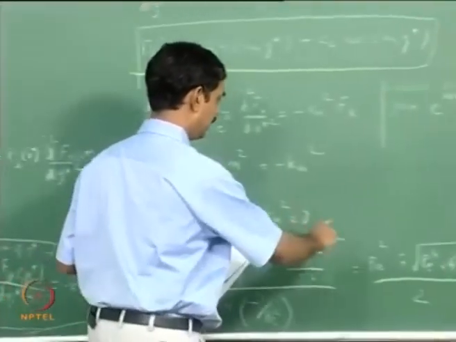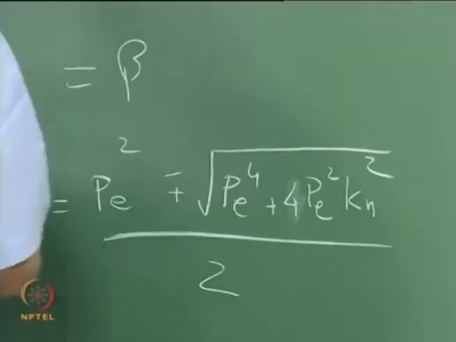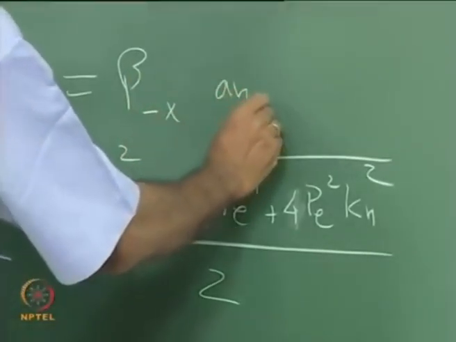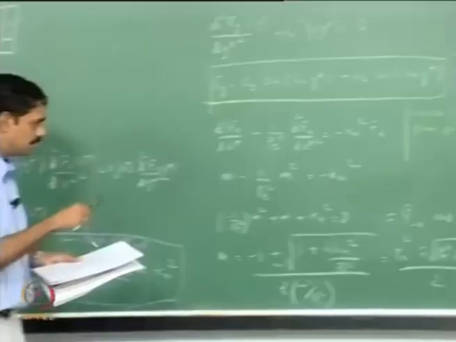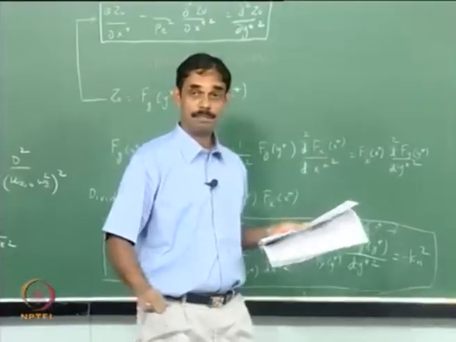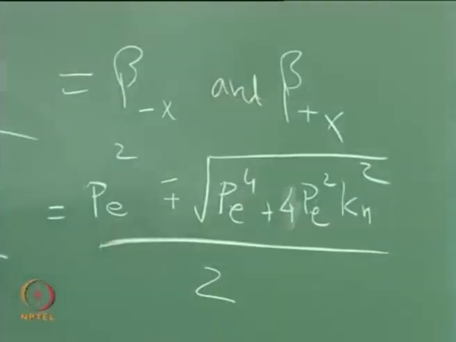So, let us call this beta, beta minus and beta plus. So, p plus square root of p power 4 plus 4 p squared kn squared over 2, we will call that beta plus. When we say p minus square root of p power 4 plus 4 p squared kn squared over 2, we call it beta minus.